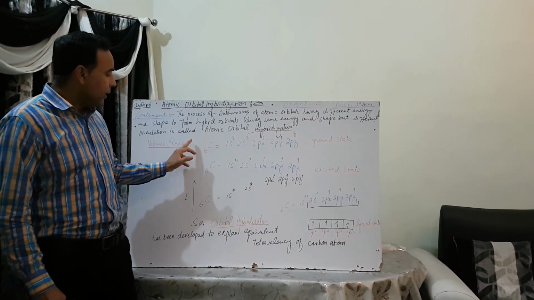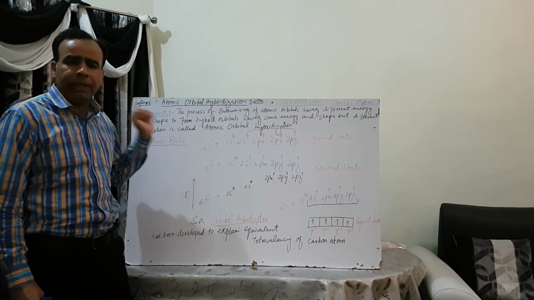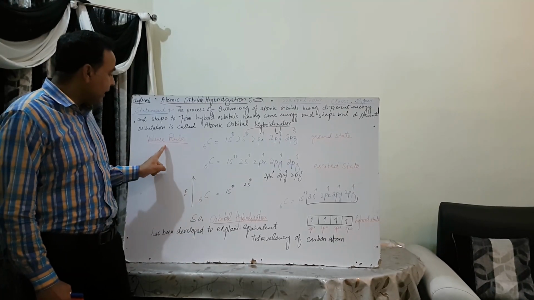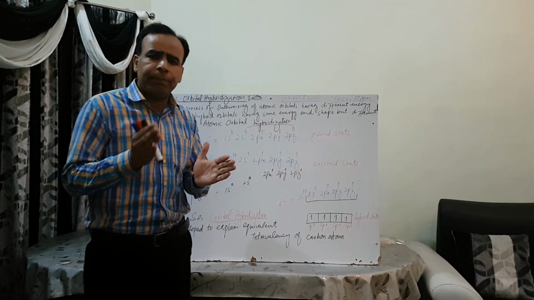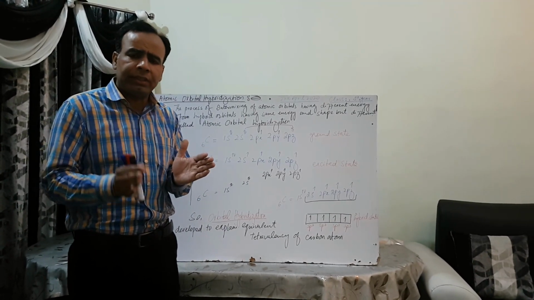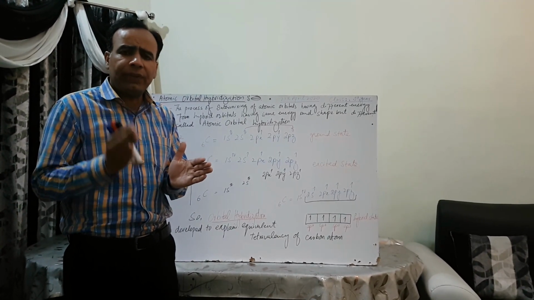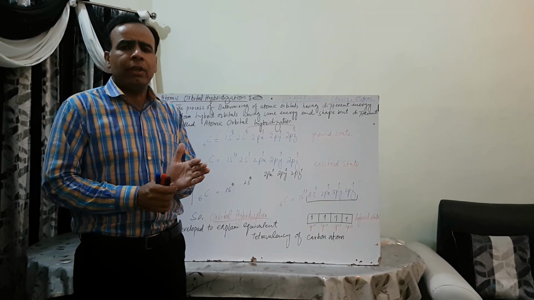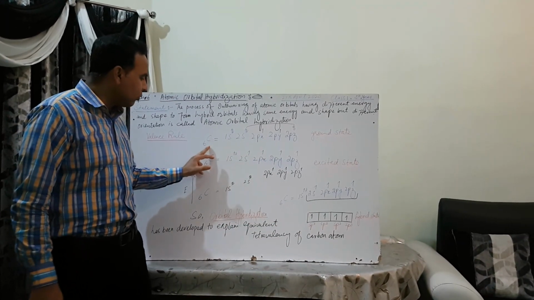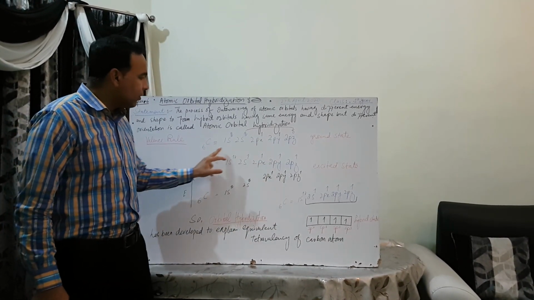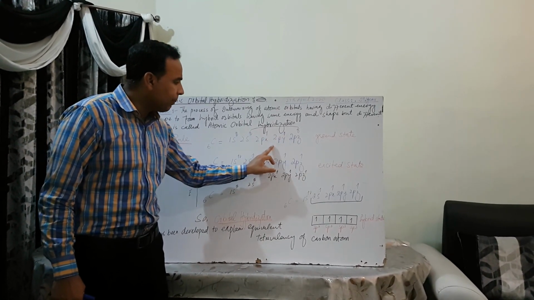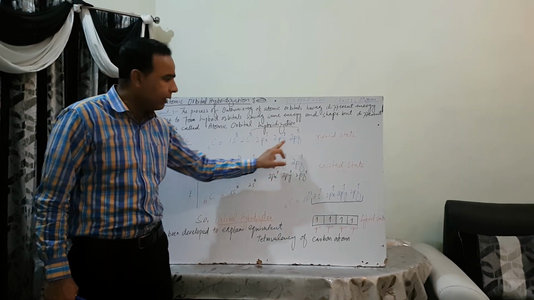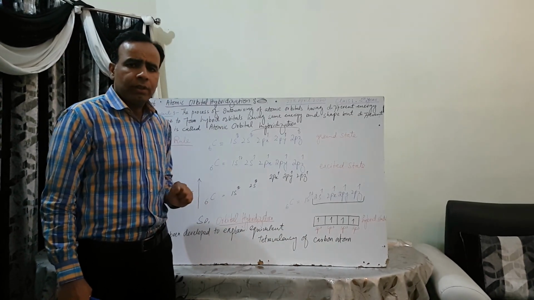Now, the need for orbital hybridization. According to the valence rule, valency is the total number of unpaired electrons in the outermost shell of an atom of an element. So, according to the valence rule, the valency of carbon is 2 because there are 2 unpaired electrons in the carbon atom in the ground state.